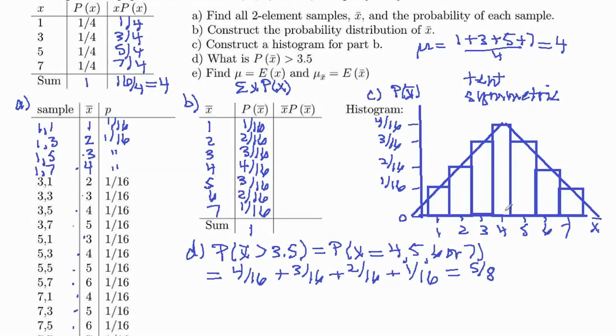So we'd expect to have a mean of 4 there also. Well, I added the x bar probability of x bar column, and this is going to be the sum of x bar times probability of x bar. So this is our mu, and then down here this sum is going to be mu sub x bar.